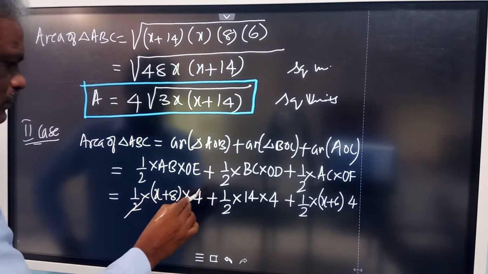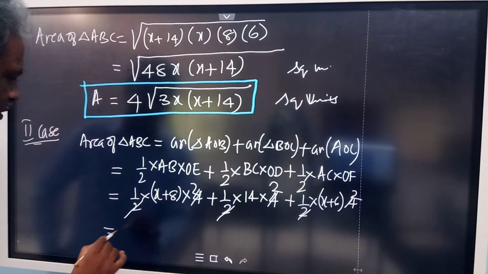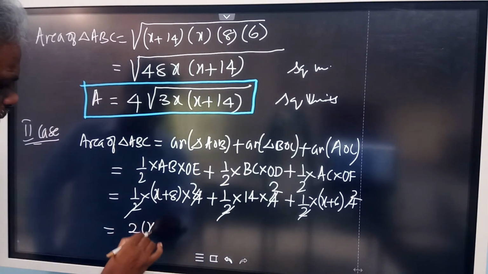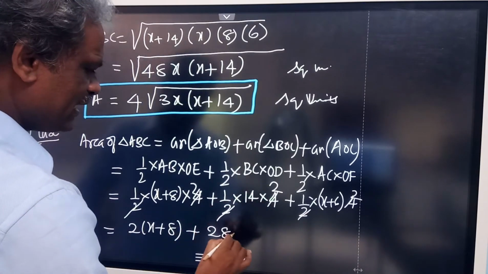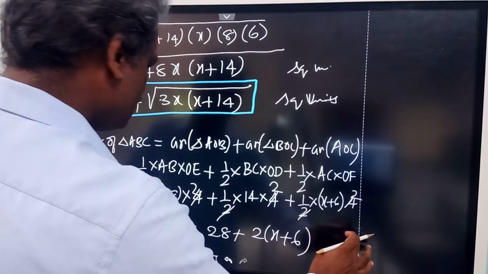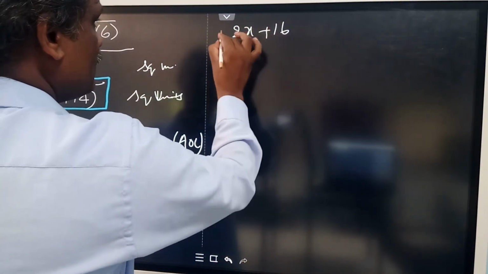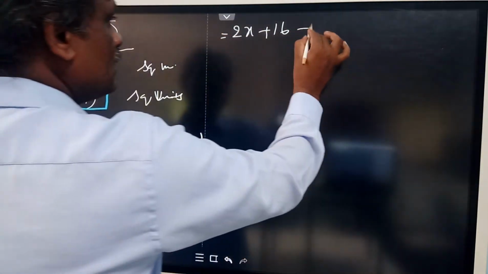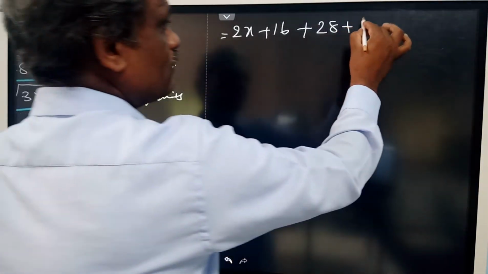Divide this one, 2 2s are, again 2 2s are, 2 2s are. So what is left out now? 2 into x plus 8 plus 2 into 14, that is 28, plus 2 into x plus 6. So now you simplify this. 2x plus 16, you are multiplying 2 inside, plus 28 plus 2x plus 12.